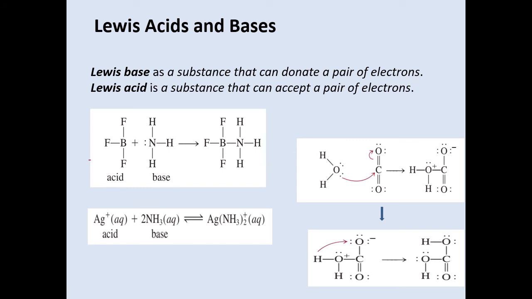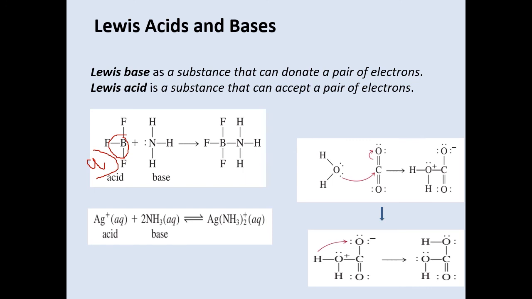For the first example, example A, boron trifluoride, although we have seen this is an exception to the octet because it does not fill up the octet, only having 6 electrons in the outer shell, can take one pair of electrons from ammonia, and that is how it acts as an acid.